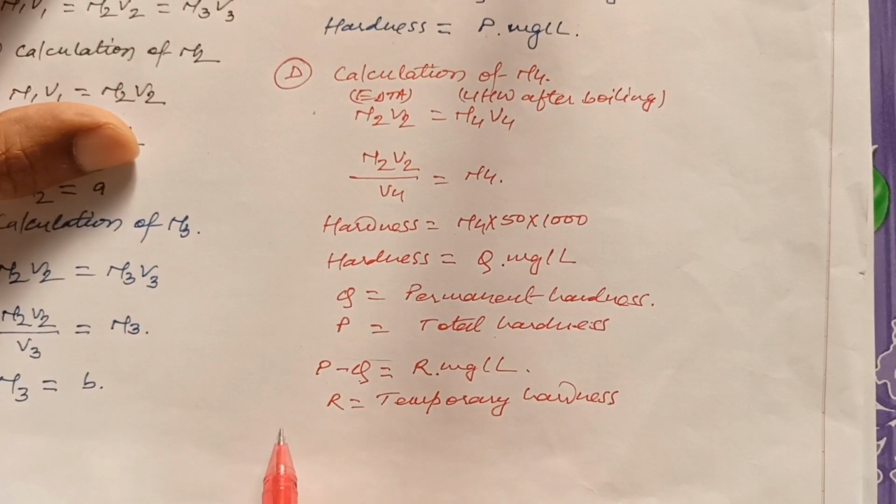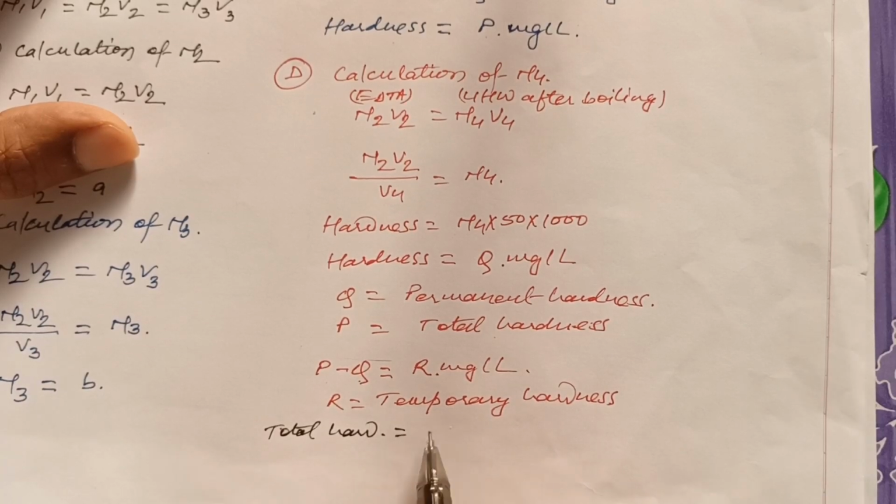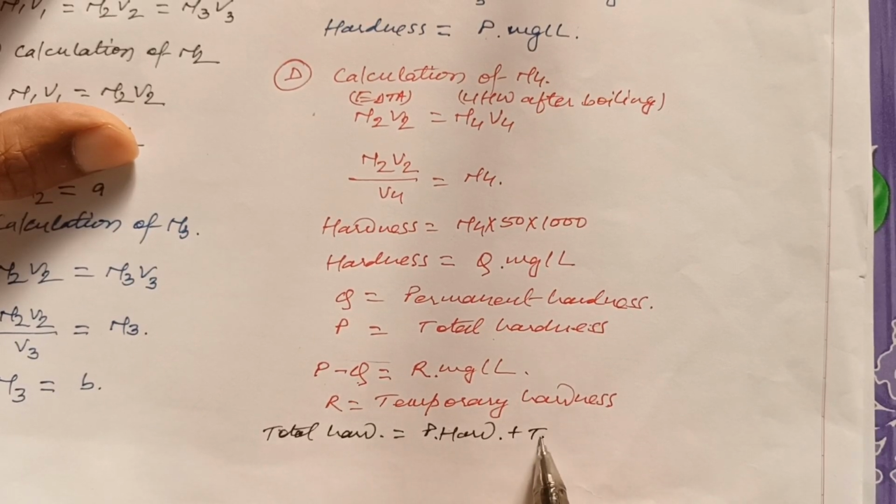So we can write here, total hardness is equal to permanent hardness plus temporary hardness.